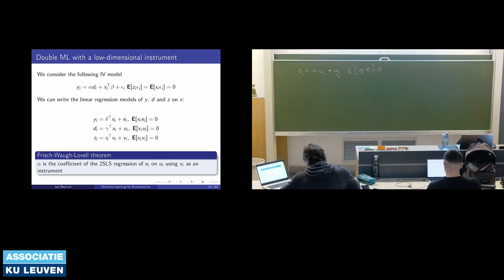And the Frisch-Waugh-Lovell theorem: the proof is not so simple, but essentially this comes from the Frisch-Waugh-Lovell theorem. The Frisch-Waugh-Lovell theorem tells you exactly this, essentially. Are there other questions on this? Don't hesitate to ask.